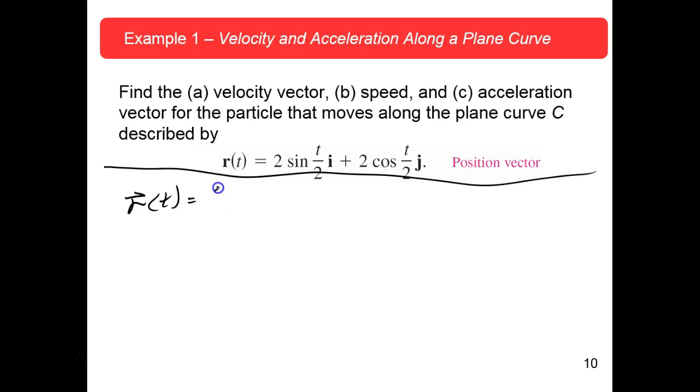One similar to it anyway. t squared minus 4 i plus t j. It says first sketch the path of the object moving along that plane curve. So let's sketch our plane curve.